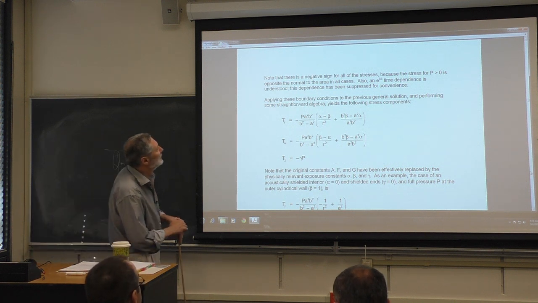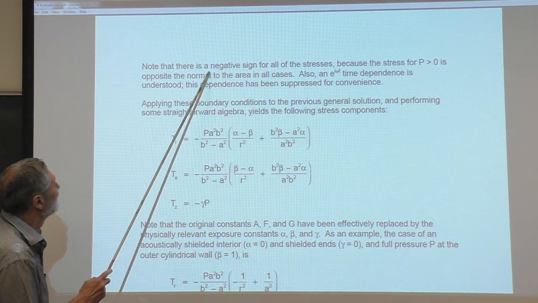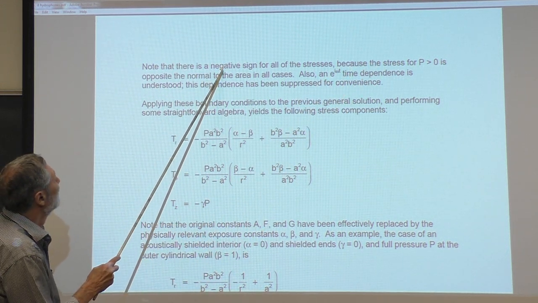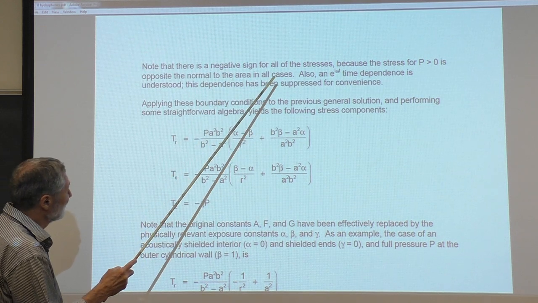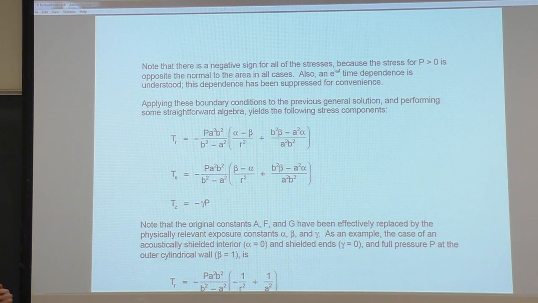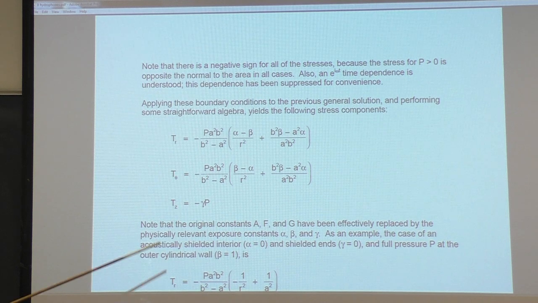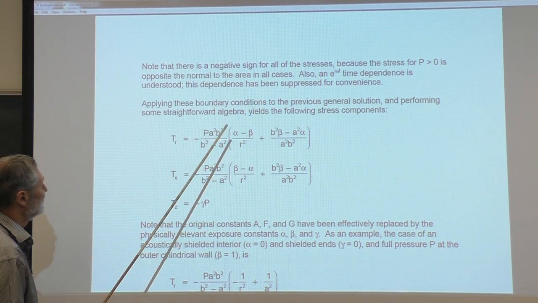let's see. Well, we've already talked about this. Okay, the negative sign. We talked about that. There is an e to the I omega t here, but because it's quasi-static, it's just implied here. There's no reason to carry it along. So it's assumed, it's understood.